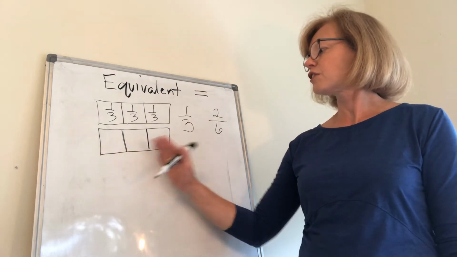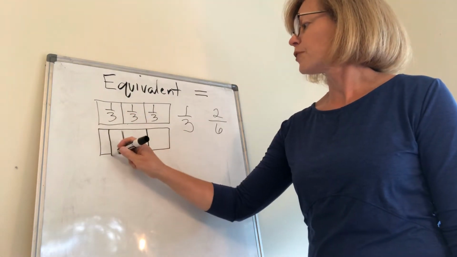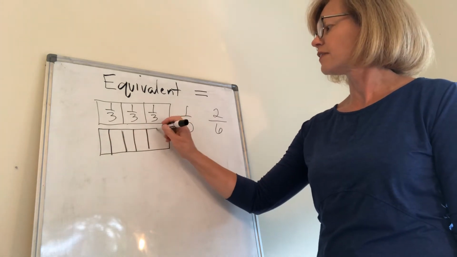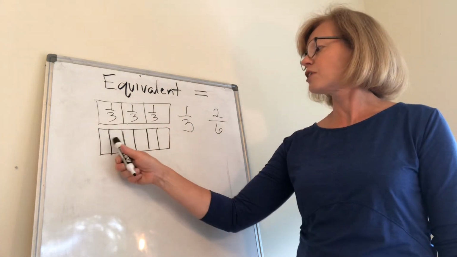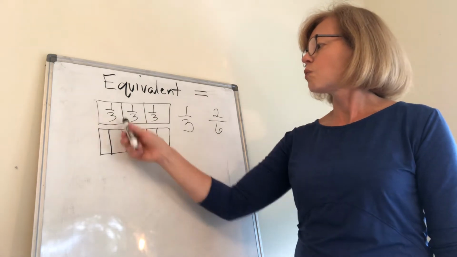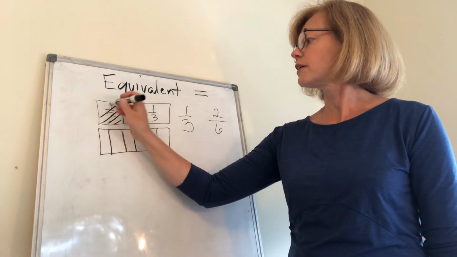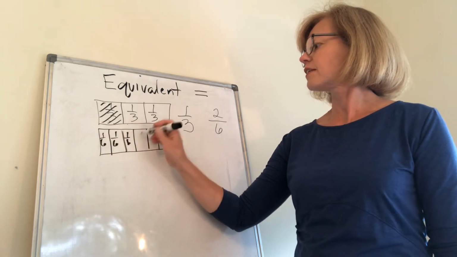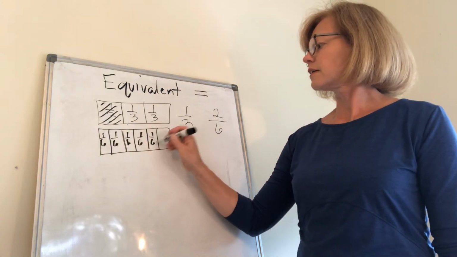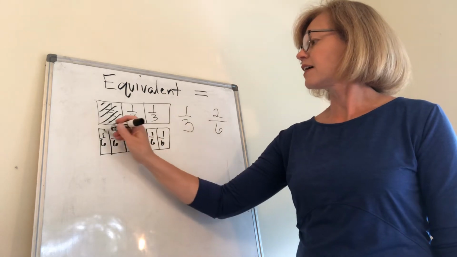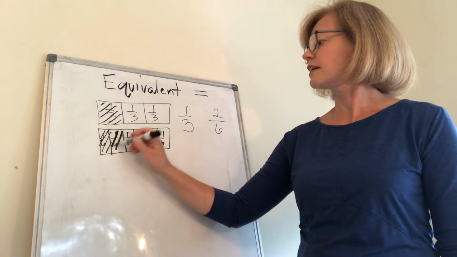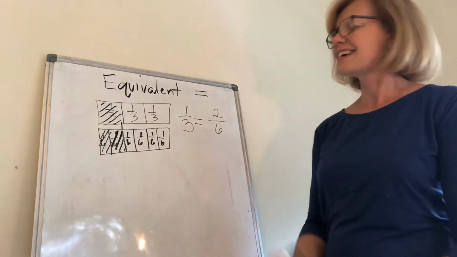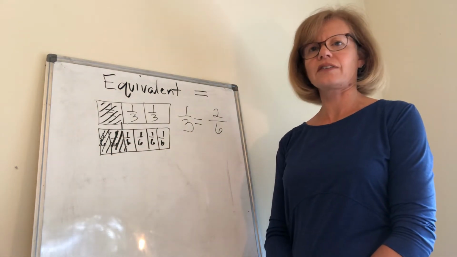I know this is thirds, and if I multiply 3 times 2, so I take each of these spaces and make 2 out of them, I have 1, 2, 3, 4, 5, 6. So this is 1/3. Each of these is worth 1/6. And if I take 2 of these, look at that. 1/3 is equivalent to 2/6.